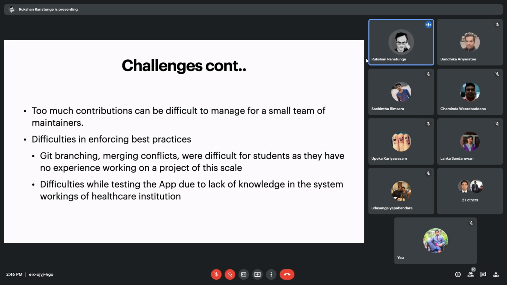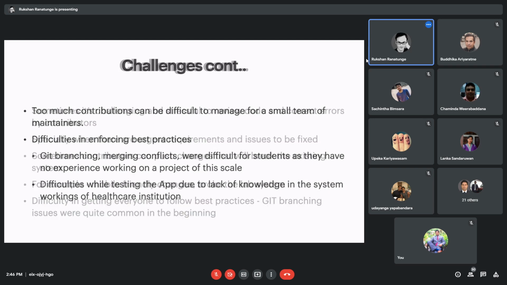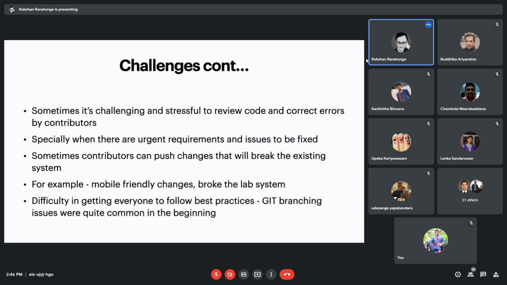That became a challenging thing to tackle when we have a lot of contributors. I talked about most of this in the previous slide as well, because some changes broke the already existing system, and we found it difficult to follow the best practices.